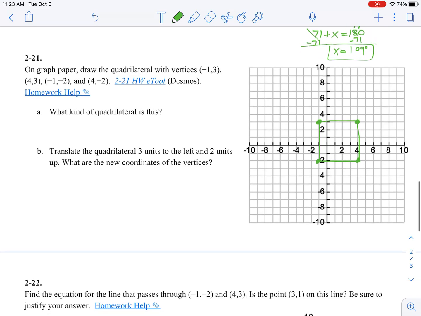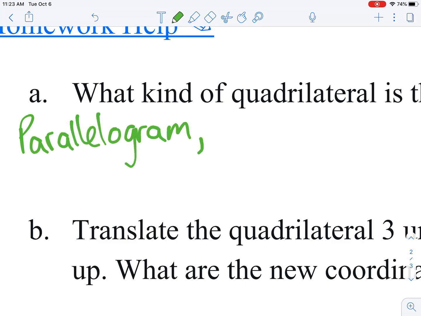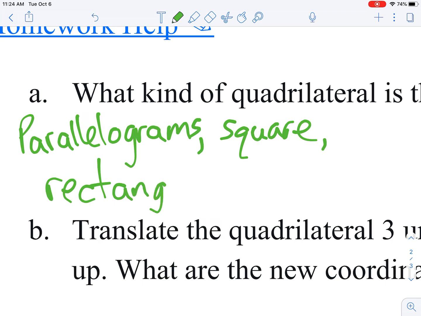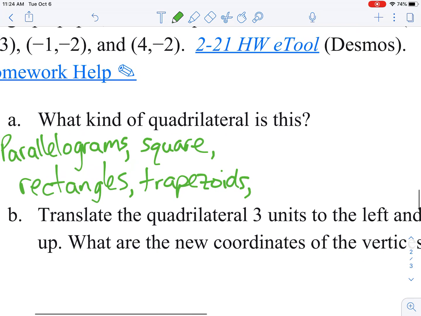We learned about quite a few different kinds of quadrilaterals. We talked about parallelograms, squares, rectangles, trapezoids, and what else?